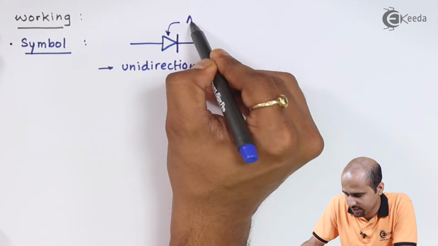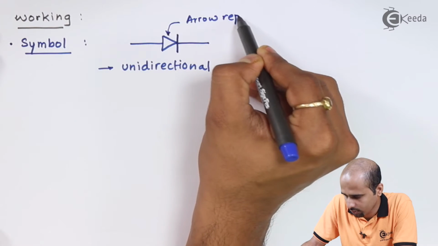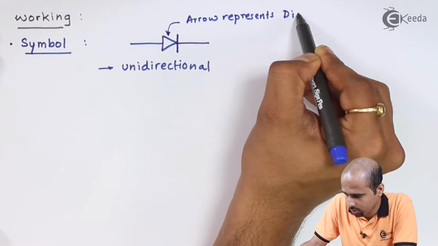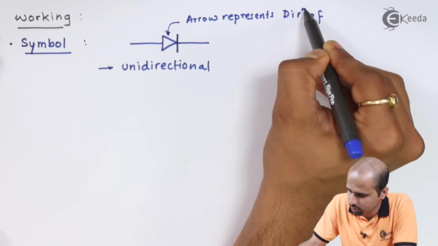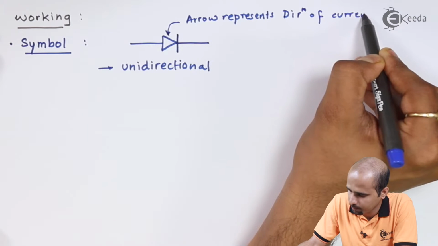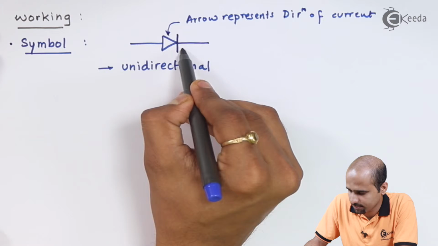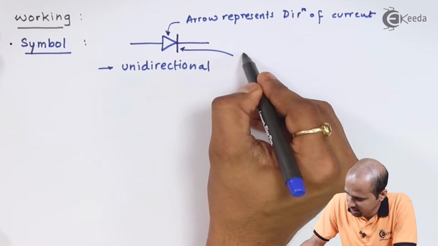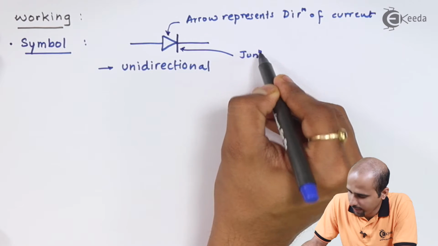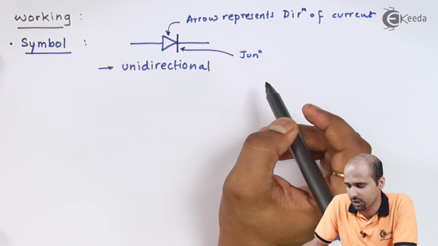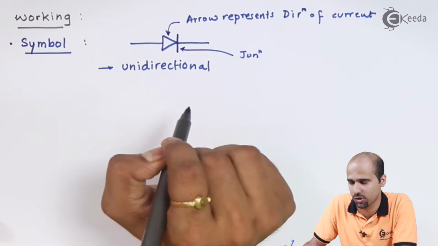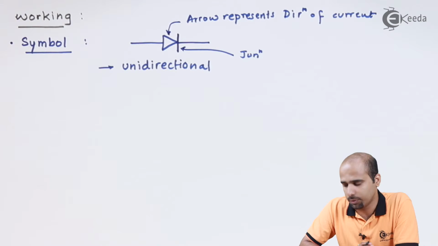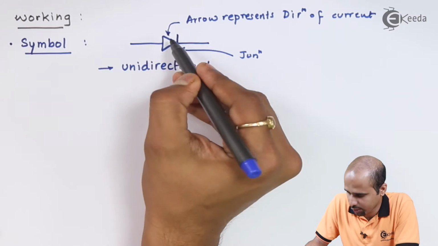The arrow represents the direction of current, and this vertical line represents the junction or barrier which is formed by the diffusion process. So this formation of the device is called a PN junction diode.